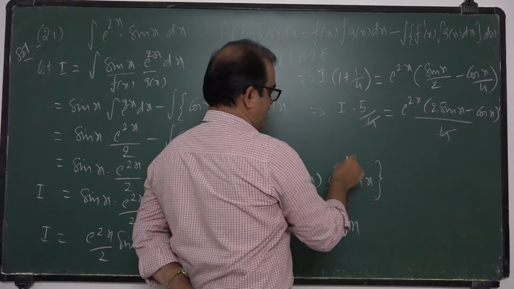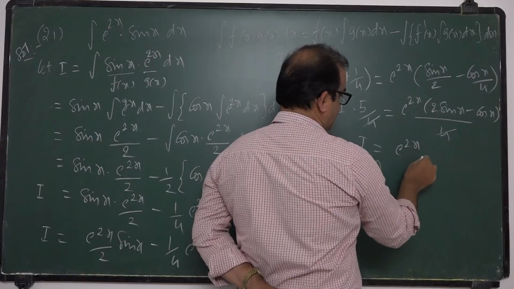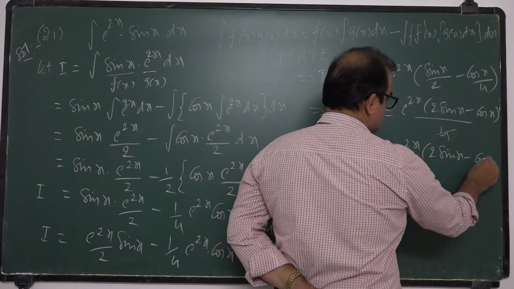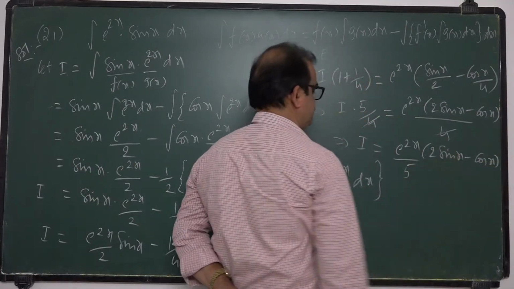This 4 gets cancelled. From this, I is equal to e power 2x into (2 sin x minus cos x) by 5.